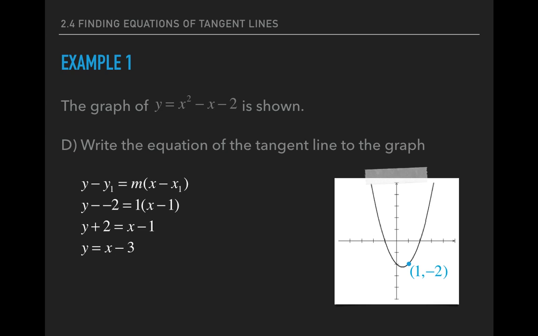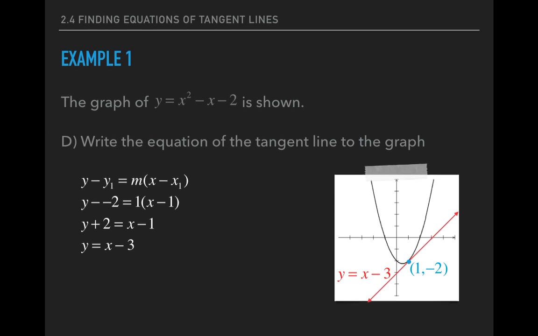Now we can very easily graph that line. It goes through -3 and has a slope of +1, and that is the equation y equals x minus 3. That is the equation of the tangent line at that point. Now, it'll change depending on what point you're working with, but for this specific point on this specific graph, that would be the equation of the tangent line.